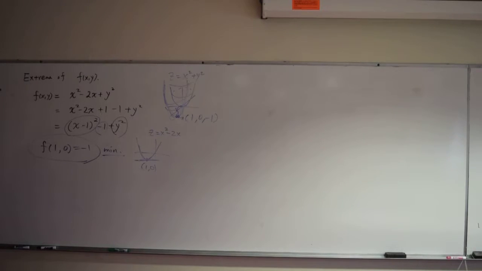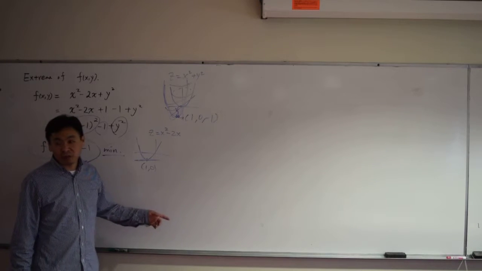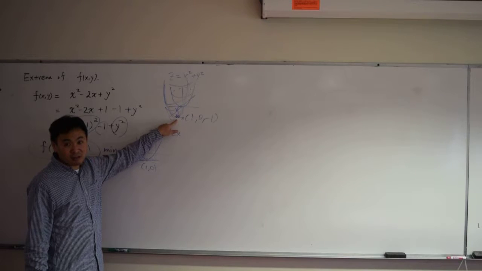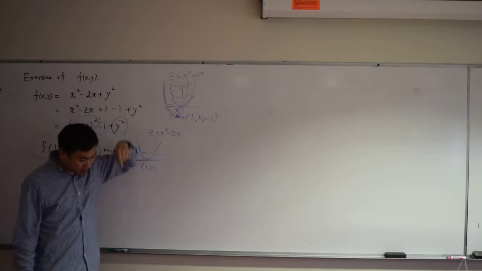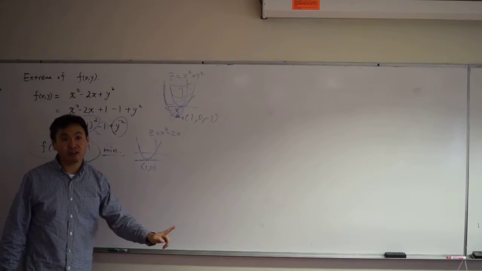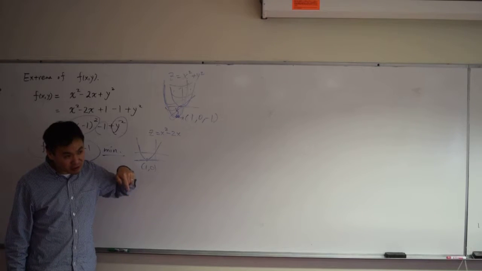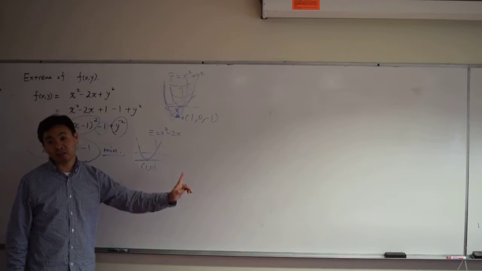So the same kind of logic applies just like the function of one variable at the minimum. At the minimum point, you momentarily stop, you turn to go up again, right? So right before that minimum point, the derivative is negative. Right after that minimum point, the derivative is positive, right?